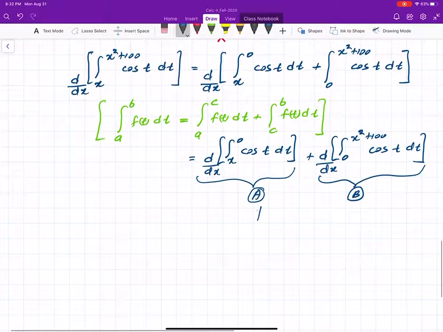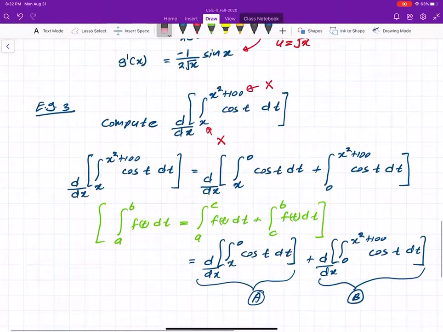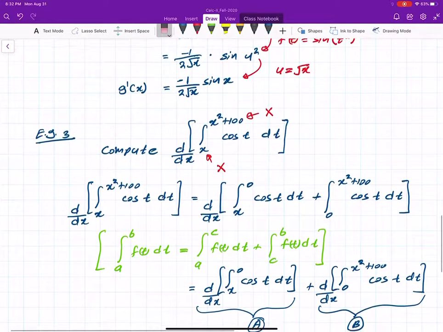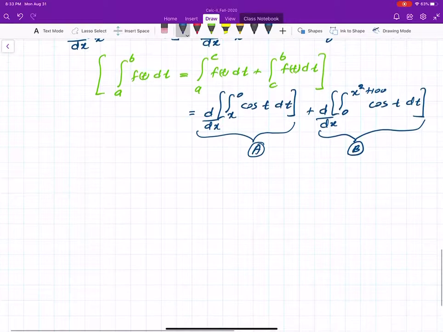Now I split the given problem into two problems, so I'm going to work on each problem separately. All right, go forward. Let's work on part A.